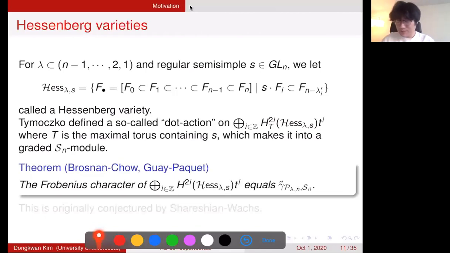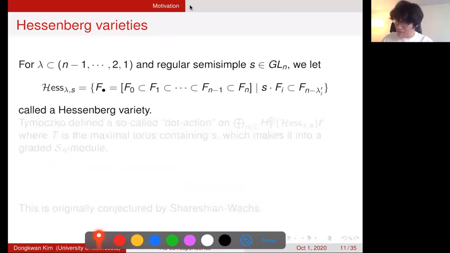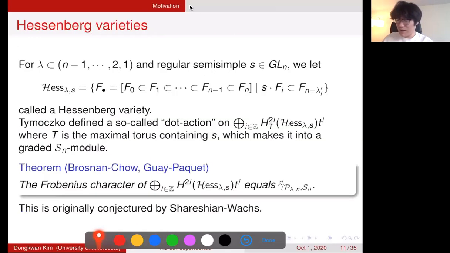Then the theorem of Brosnan and Chow and Guay-Paquet is that the Frobenius character, if you just take the character of this module and then you take the graded sum, then it is really equal to our generating function. It's kind of surprising. So that is probably one of the reasons why this is really interesting.